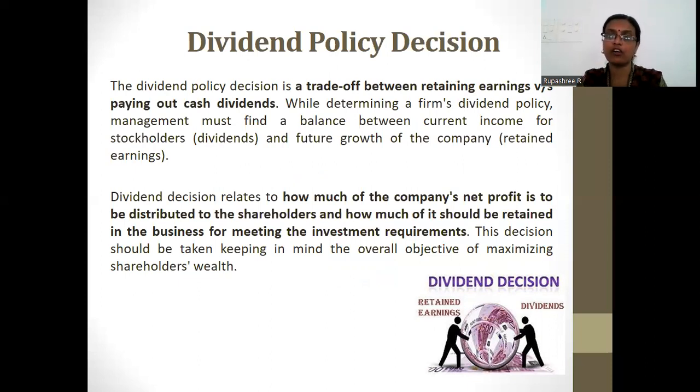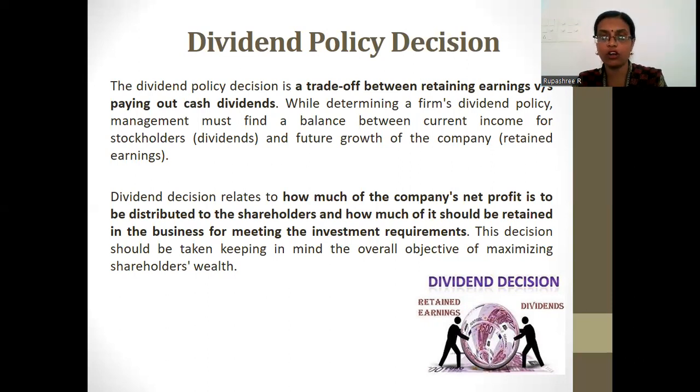The decision an organization takes to retain profits aside without distributing them as dividends is known as retained earnings, and the amount of profit distributed among different shareholders according to the proportion of their investment is called dividend policy decisions.